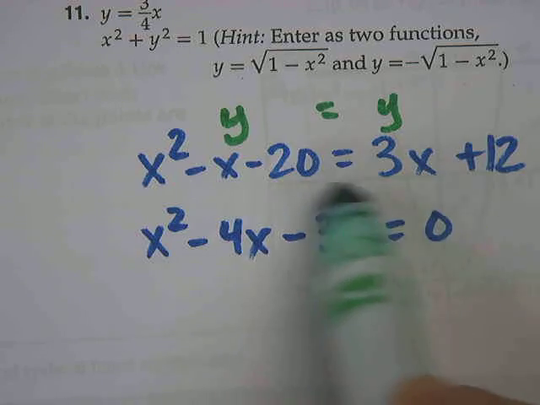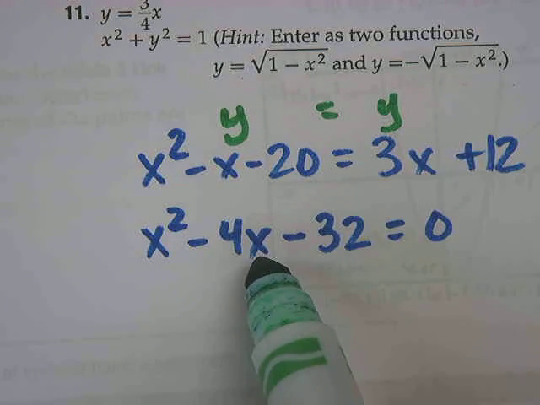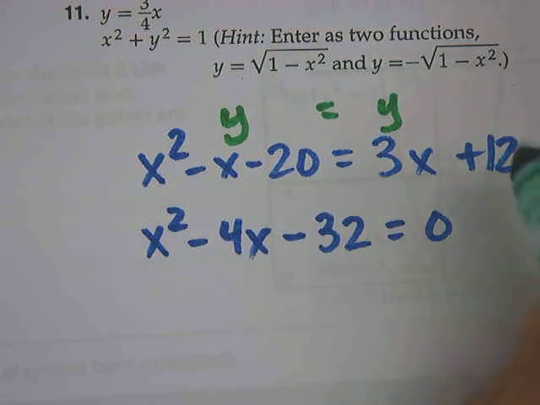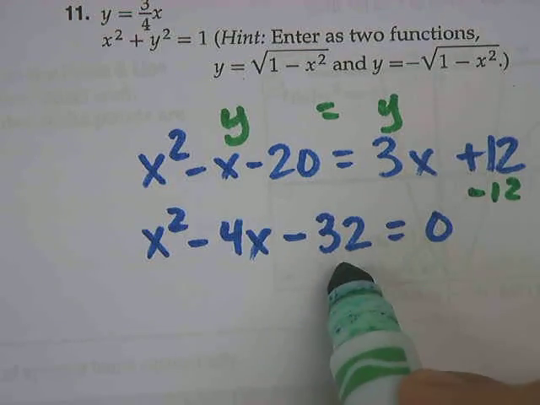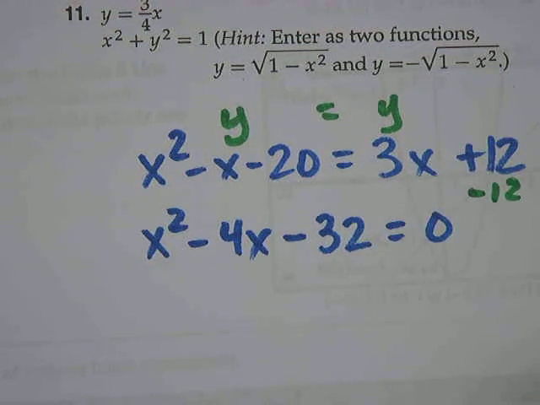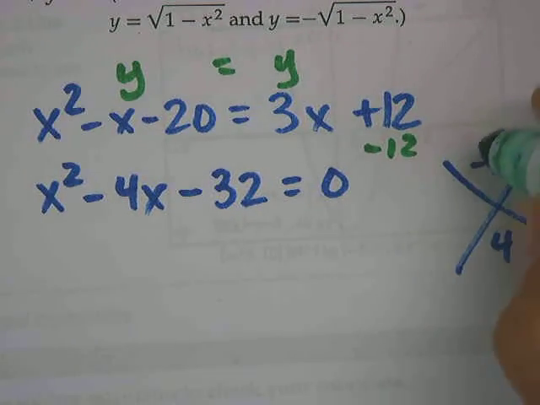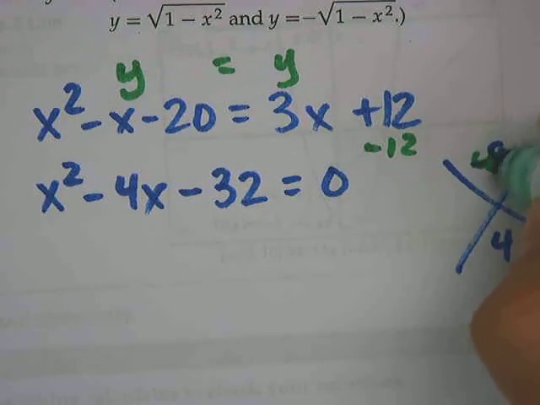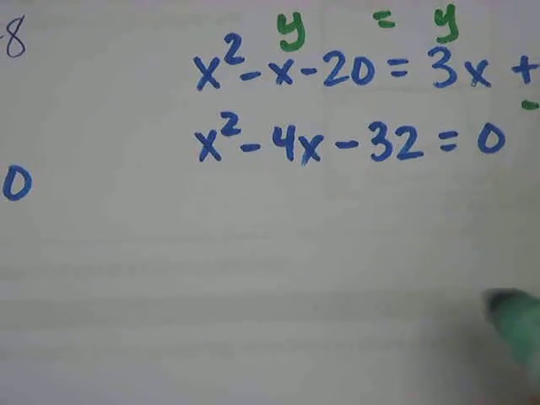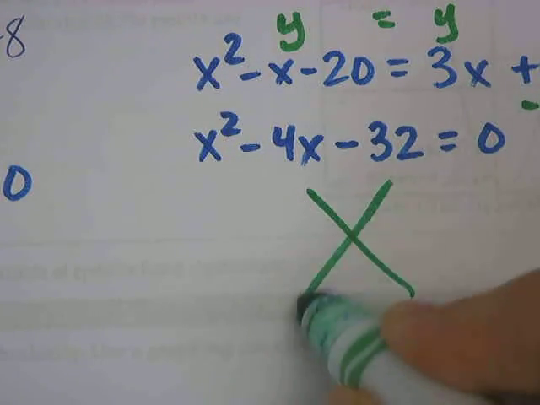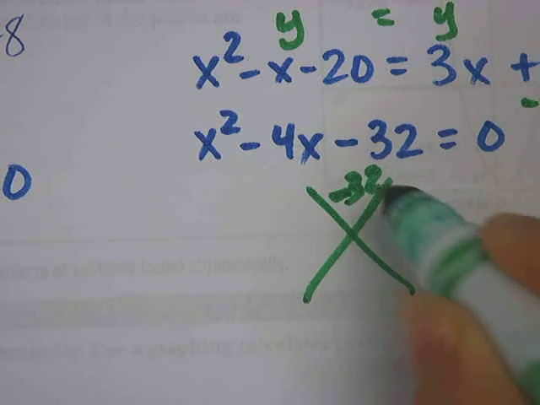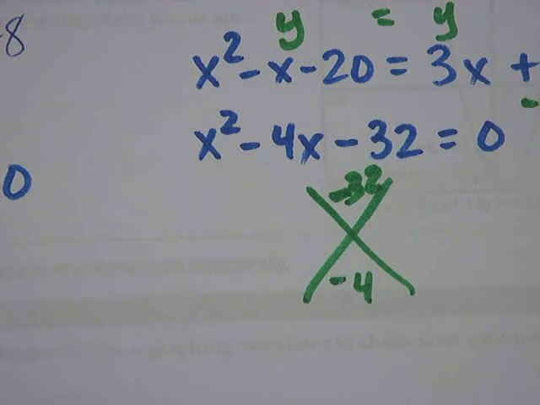Okay, so when I subtract 3x, I get negative 4x. When I subtract 12 from both sides, I get negative 32. And to me, this jumps out as an easy factoring problem. Sorry, I wrote that wrong. So we need to find two numbers that multiply to get negative 32 and add to get negative 4.